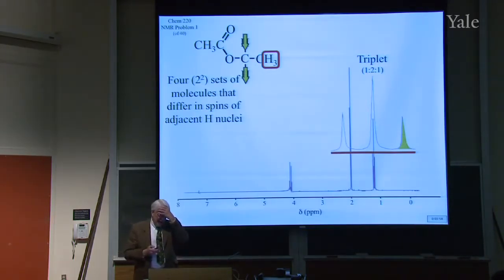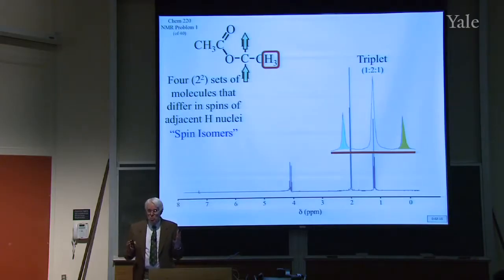They could both be against the field, and then we get this peak, okay? Or they could both be with the field, and then we get this peak, okay? So when you think you have just one kind of molecule there, in fact you have what you might call, nobody calls them that I think, spin isomers, right? They differ only in how these neighboring protons have their spin oriented, but they're different molecules.